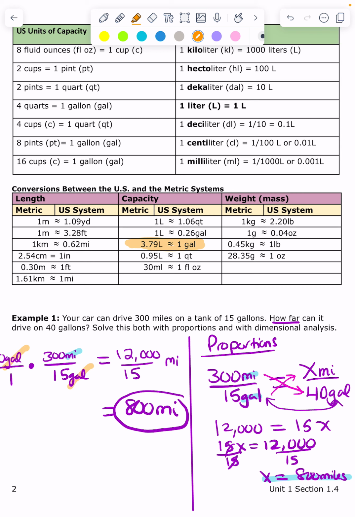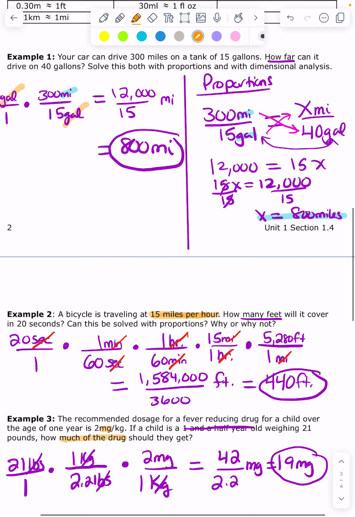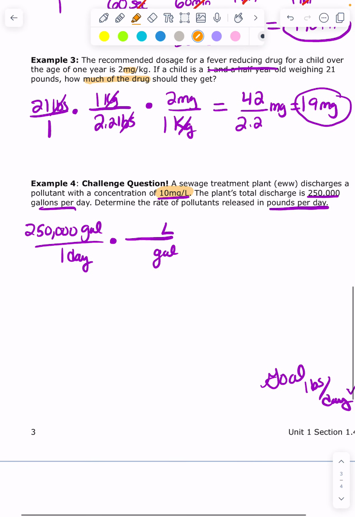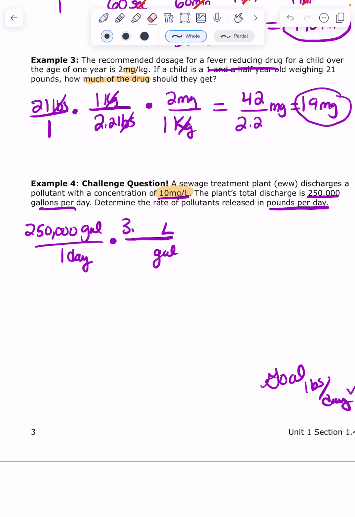Liters, meters, and grams are all metric. So if you hear one of those, then you know you're looking at metrics. And then gallons, of course, is US. So the conversion is that 1 gallon is 3.79 liters. So I need to put the 3.79 liters on top, 1 gallon on the bottom, and then I can cross out gallons.